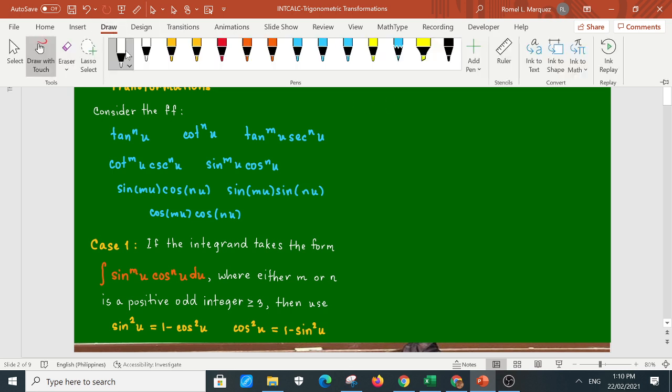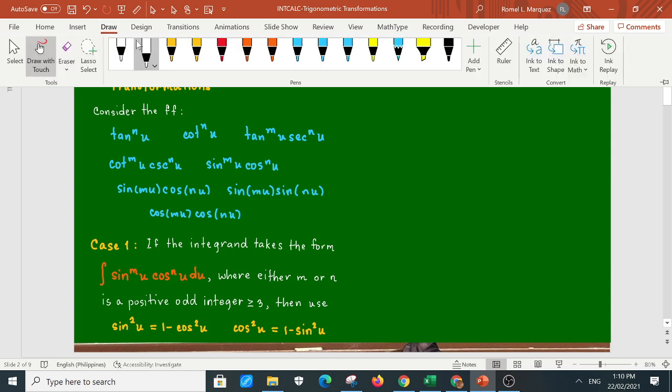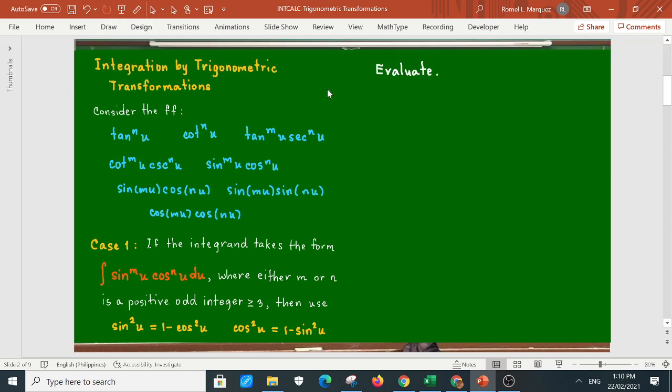So let's say we are asked to evaluate... still alive, guys? Guys? Yes po, sir. So let's say we're given this integral. I lost the beautiful integral.